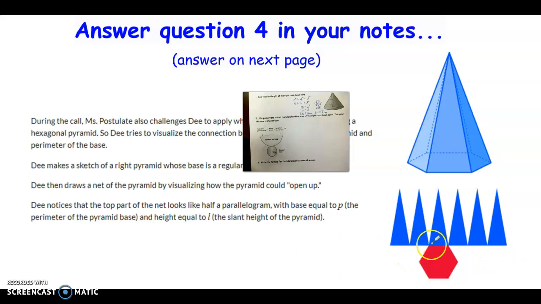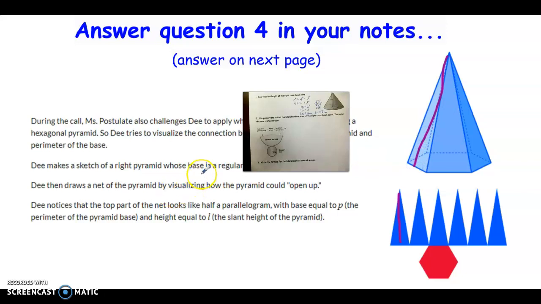So these sides of the triangles make up the base, which is the sides of the hexagon. So this came from the perimeter of the hexagon. So the base of the parallelogram is the perimeter of the hexagon. The height of the triangles came from the slant height of the pyramid.